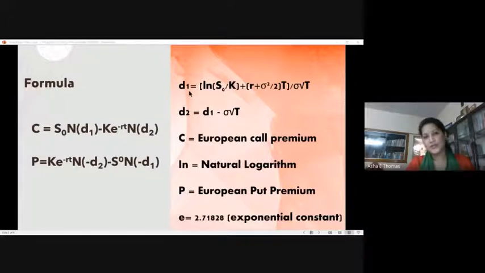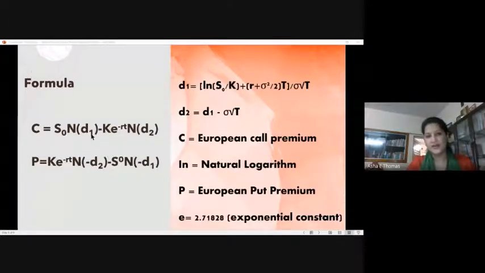D1 is computed as the natural logarithm of spot price by K, the strike price, plus R, the risk-free rate of interest, plus standard deviation square, volatility square, by 2, times T, the time period of holding the asset, maybe 1 month, maybe 6 months, divided by the standard deviation times the square root of T. This is D1.